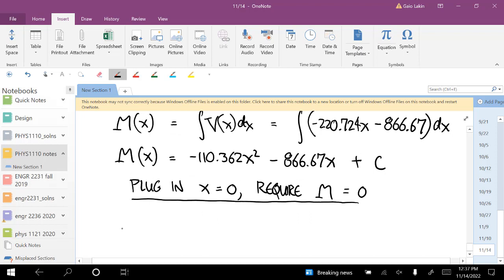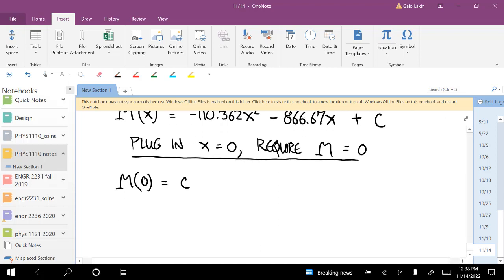So M for x equals 0 is 0 plus 0 plus c, and we're requiring that this is equal to 0.